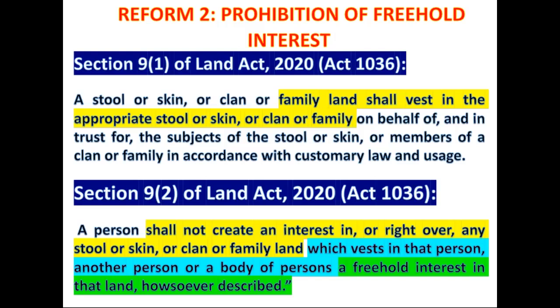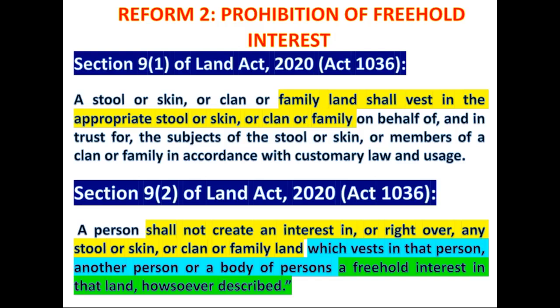A person shall not create an interest in or right over any stool or skin or clan or family land which vests in that person, another person, or body of persons a freehold interest in that land, howsoever described.